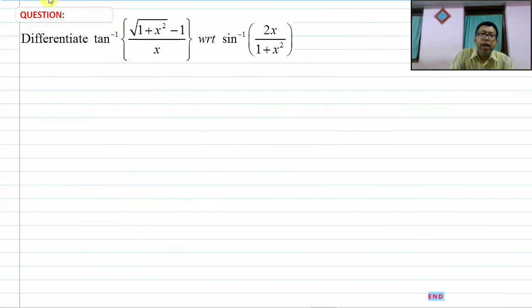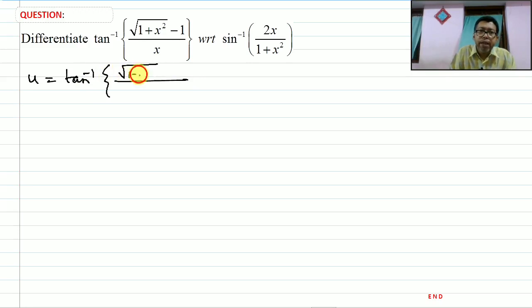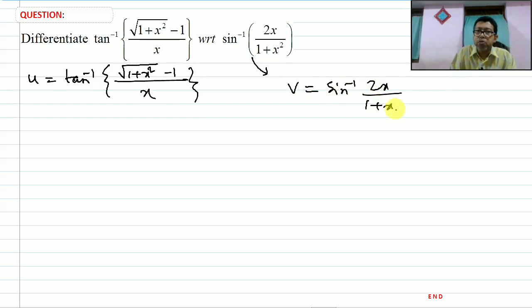Next question, and this is the last question we are discussing here. What is given: differentiate tan inverse of root over 1 plus x square minus 1 divided by x with respect to sin inverse of twice x divided by 1 plus x square. This is also another interesting question. You have to consider u is equal to tan inverse of root over 1 plus x square minus 1 whole divided by x, and another function v is equal to sin inverse of twice x divided by 1 plus x square.